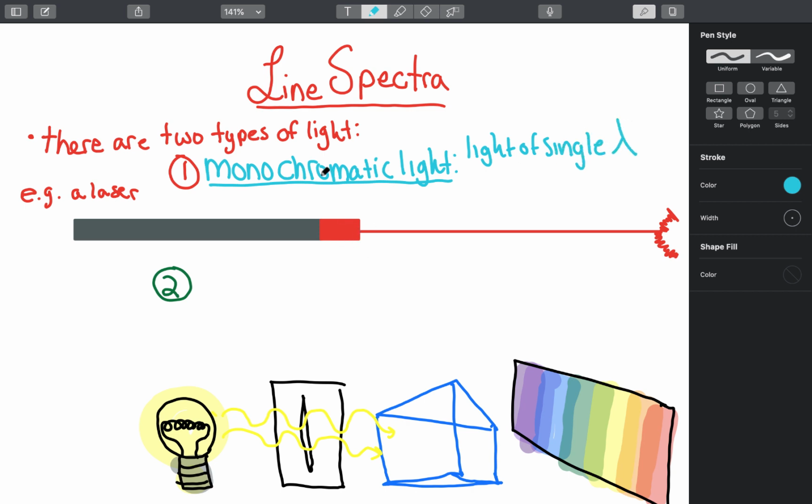So monochromatic light is light of a single wavelength. And a great example of monochromatic light are lasers. So here I have a red laser beam shooting out. And this red laser beam only consists of red wavelengths of light. So that is an example of monochromatic light.